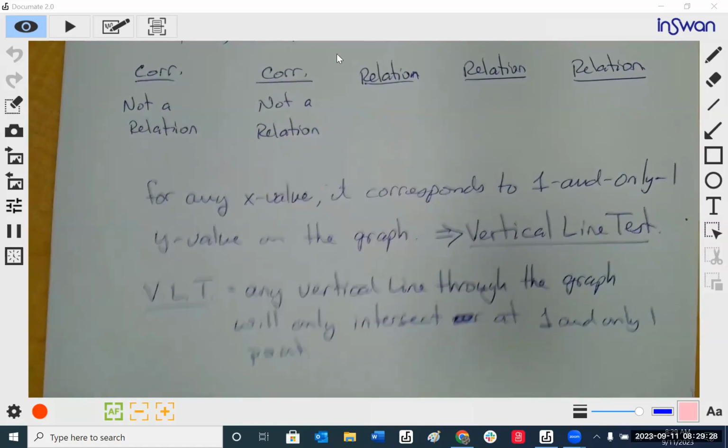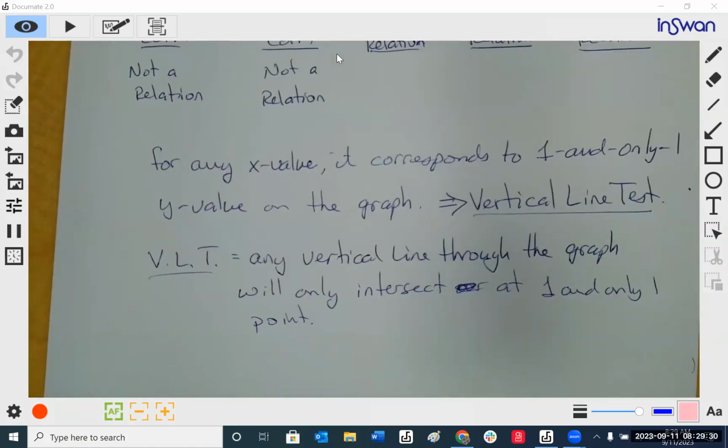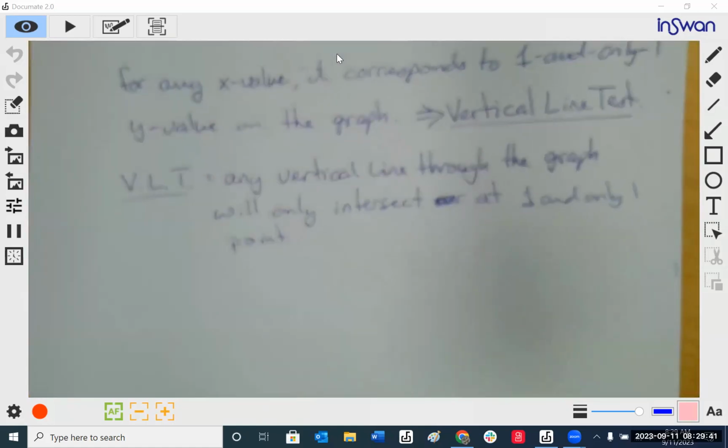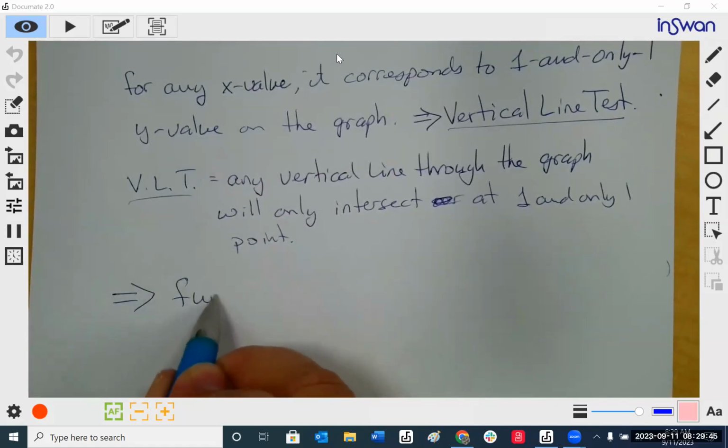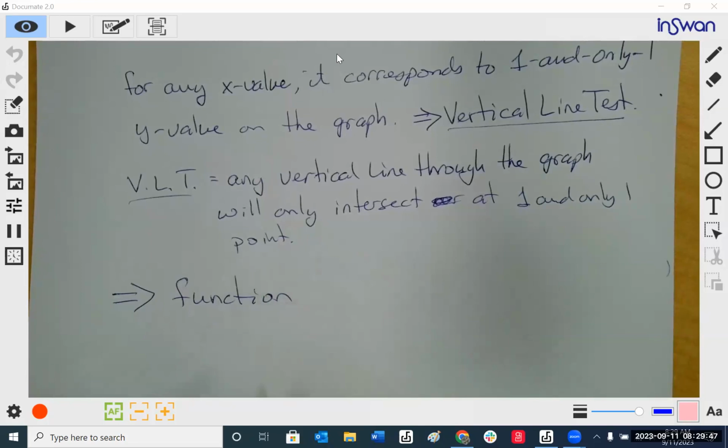That's what the vertical line test is all about. And that's what we eventually call a function.